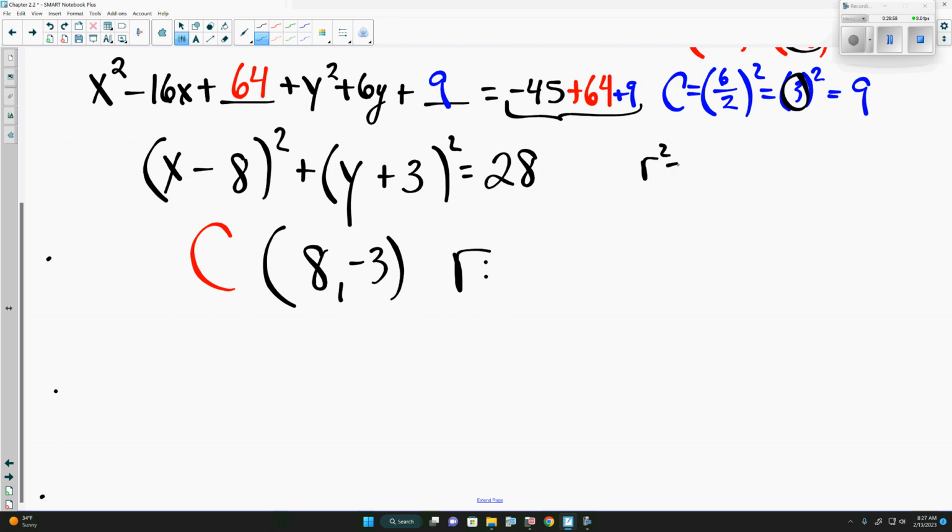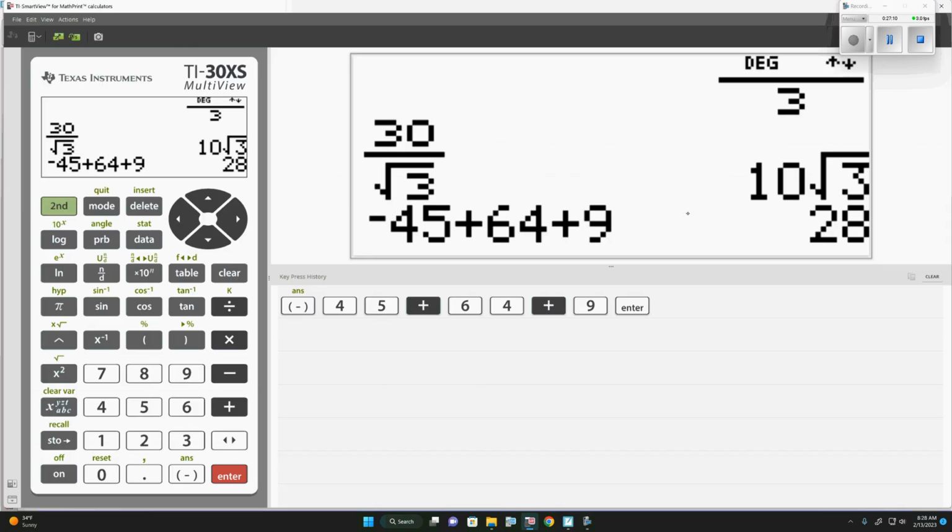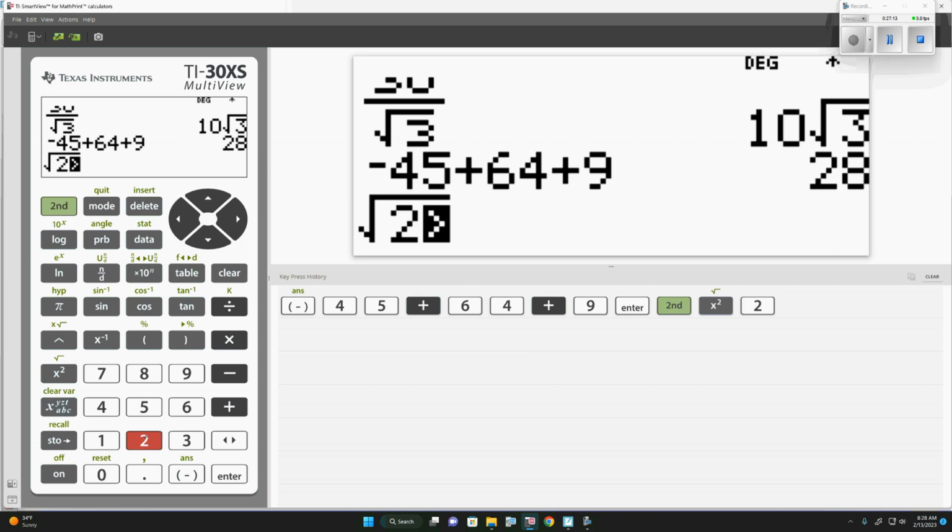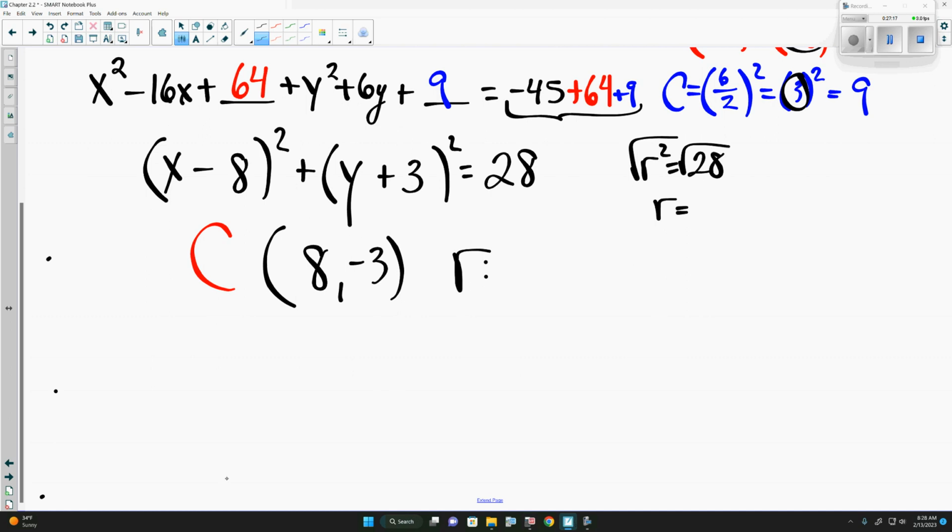Well, the radius squared is 28. So we're looking at the radius being the square root of 28, which I believe is 2 square root of 7. So the radius is 2 square root of 7.